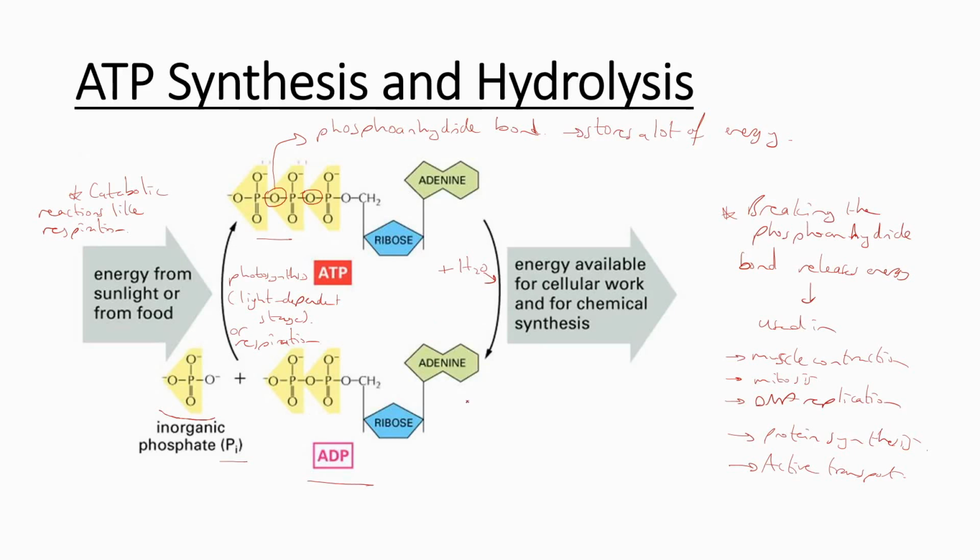And this then releases energy stored in the phosphoanhydride bond for the processes that I've highlighted here. And this then is really important. As well as those processes, the energy released can be used for anabolic reactions.